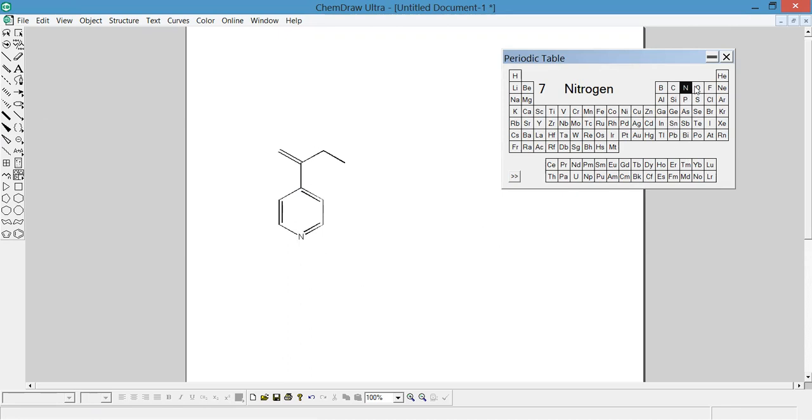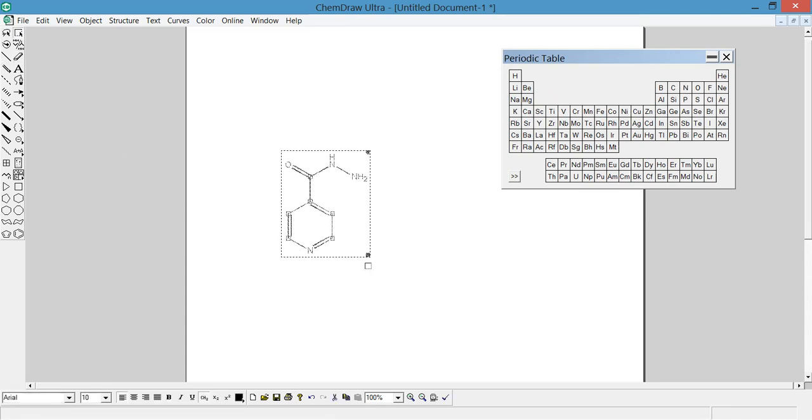Then we can select the oxygen atom from the periodic table to put as a carbonyl group. Now take a nitrogen atom for this hydrazine group, and take another nitrogen.